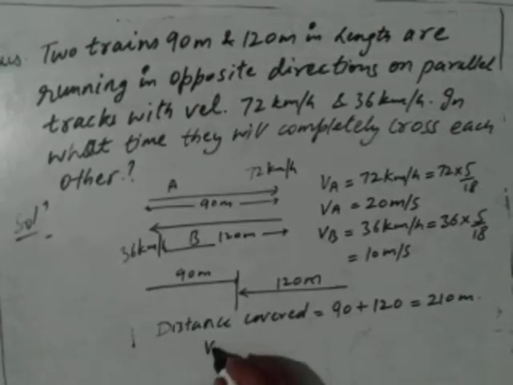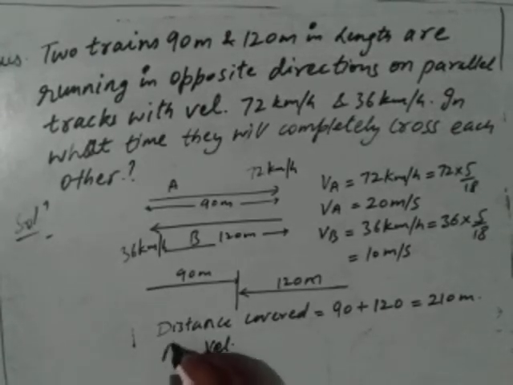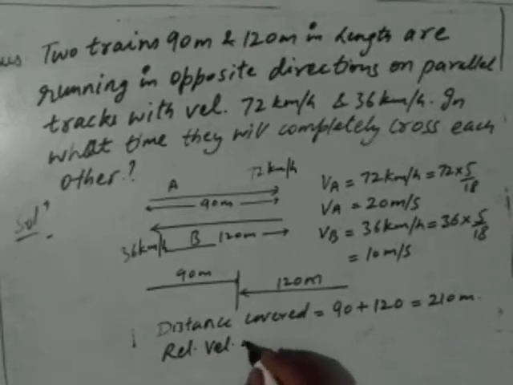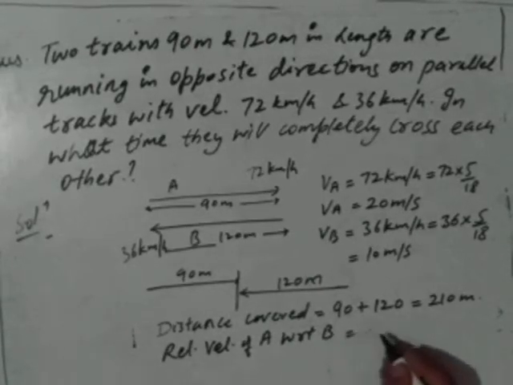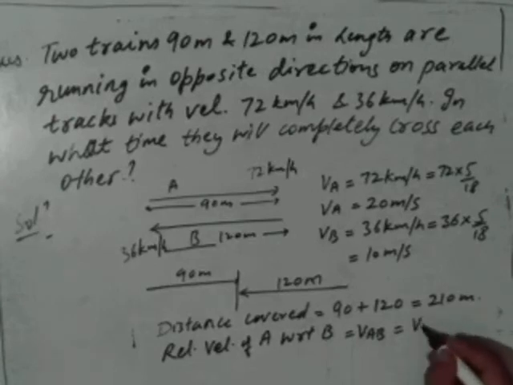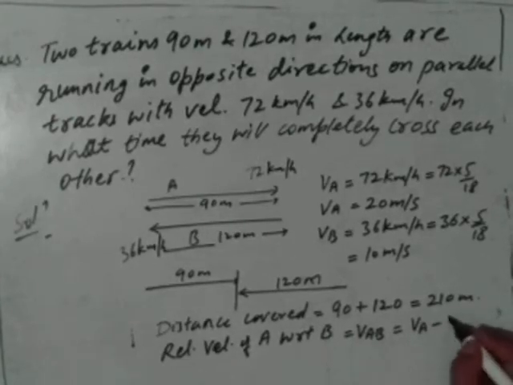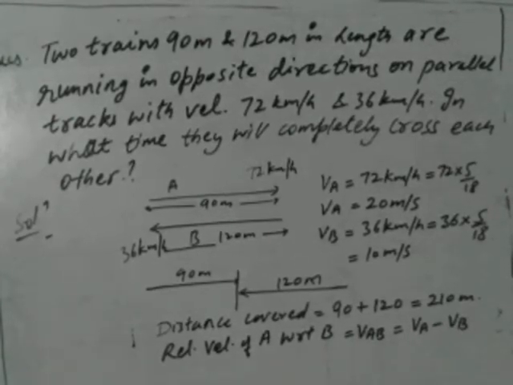Now, the relative velocity of A with respect to B, that is VAB, is equivalent to, we will use the general method, VA minus VB. Now put the sign conventions.